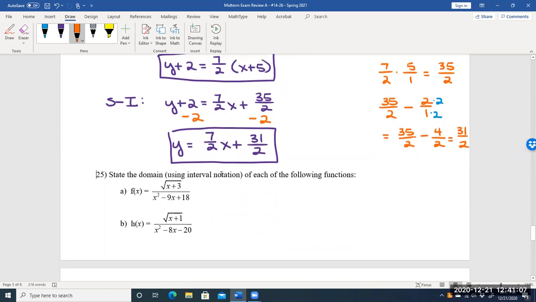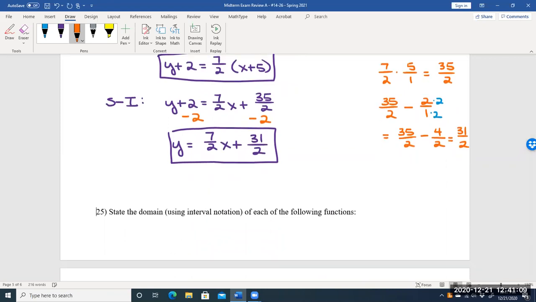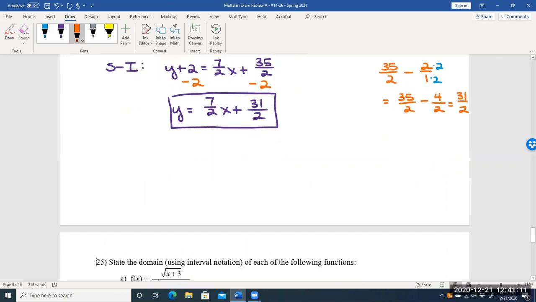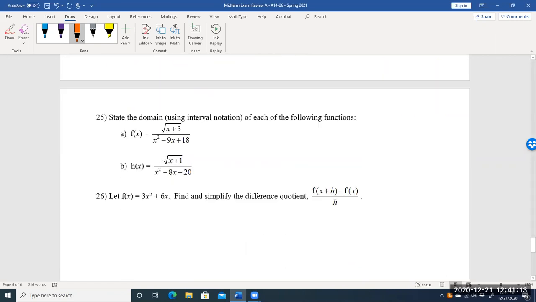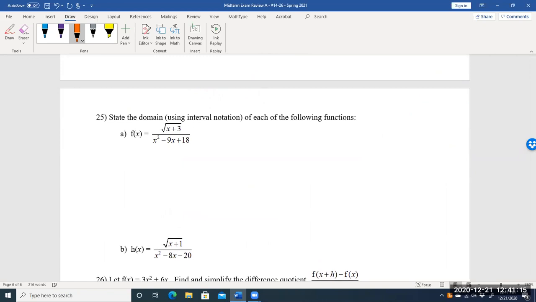All right, we've got just 2 left. Okay, so we're supposed to, in number 25, state the domain. So for part A, we have 2 restrictions. One is that x plus 3 needs to be greater than or equal to 0.